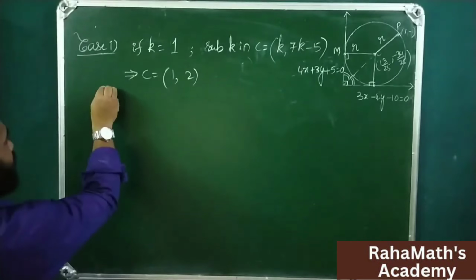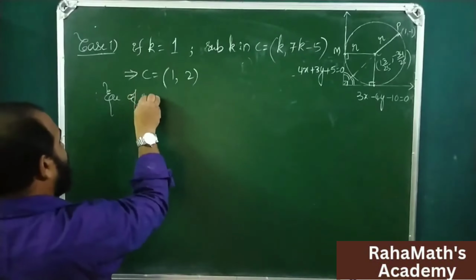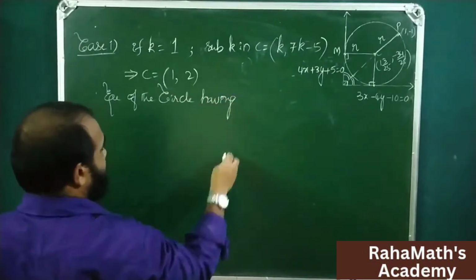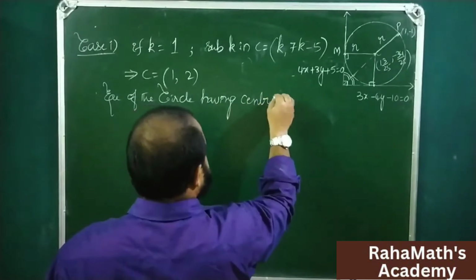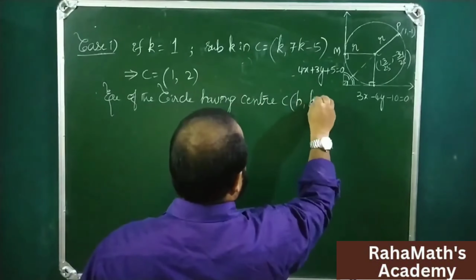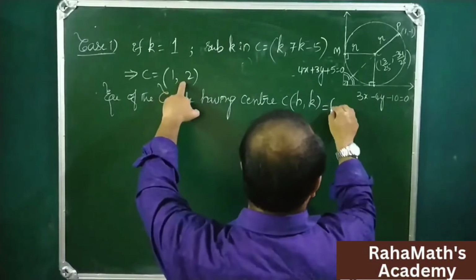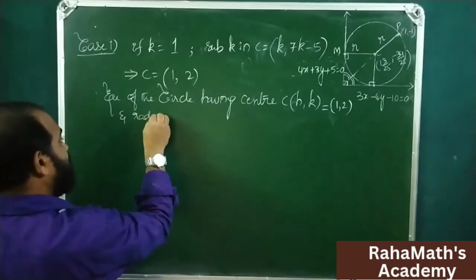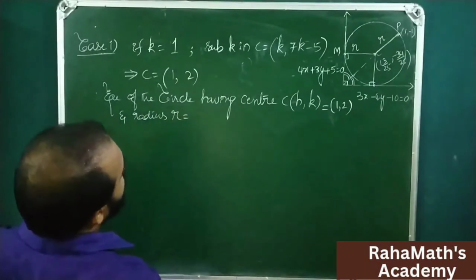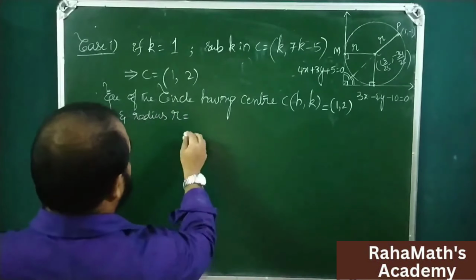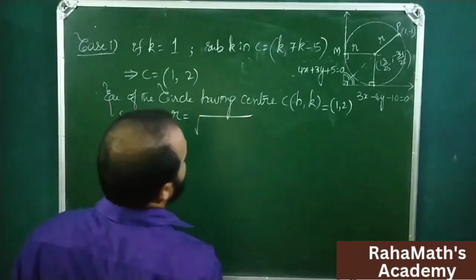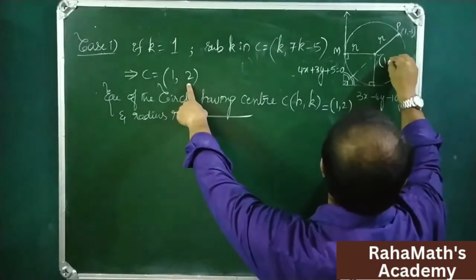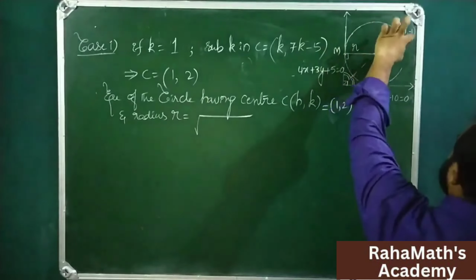So therefore the equation of the circle having center C h comma k equals 1 comma 2, and radius r is the square root of, now the center is 1 comma 2 and the radius is the distance between the 2 points.